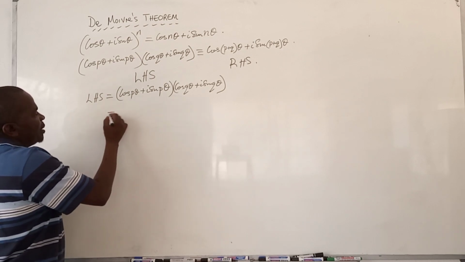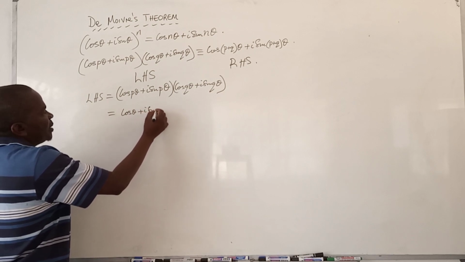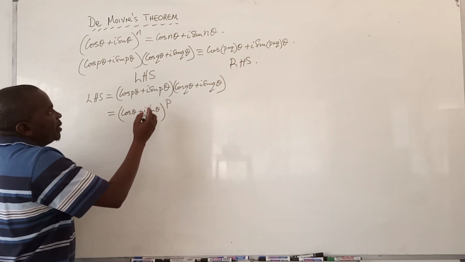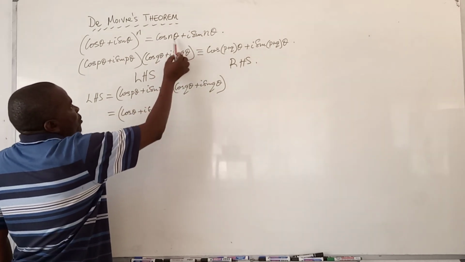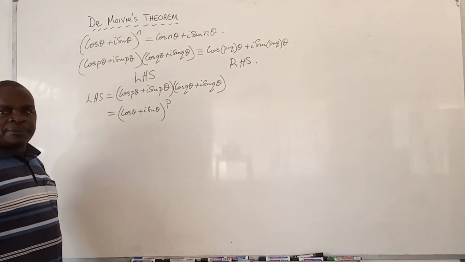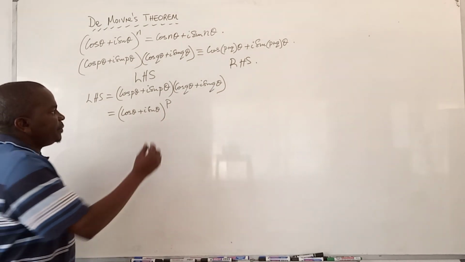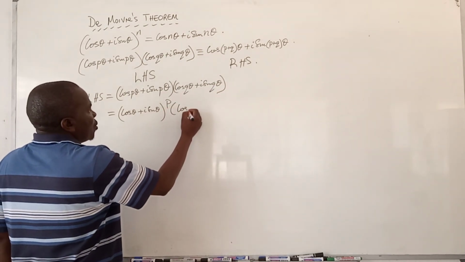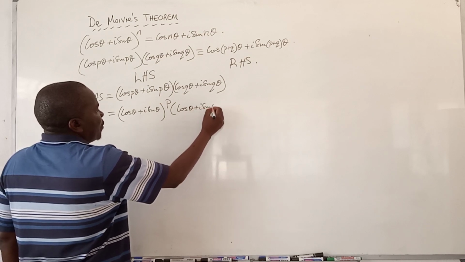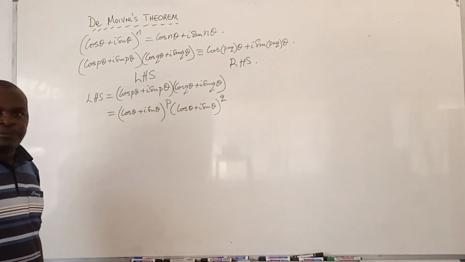Our first bracket is going to change to cos of theta plus i sine theta, all raised to the power of p. Our n is occupying that position. If we shift it to the other side, it will be our power. I'll do the same thing with the other part. This will change to cos of theta plus i sine of theta, all raised to the power of q.